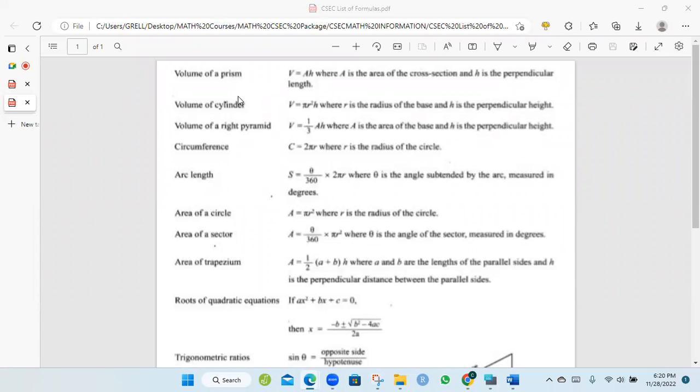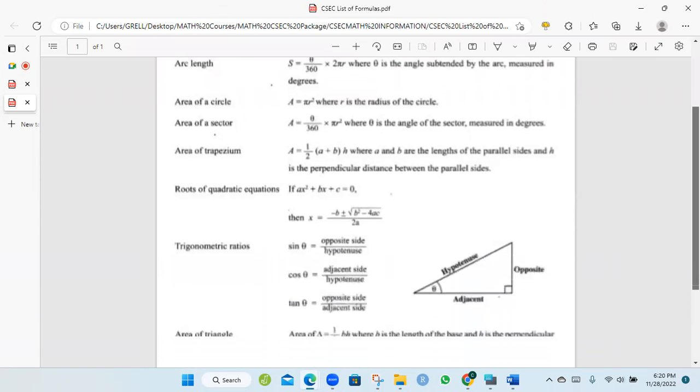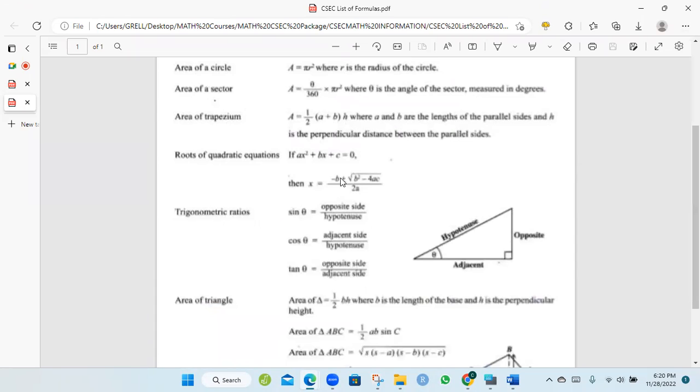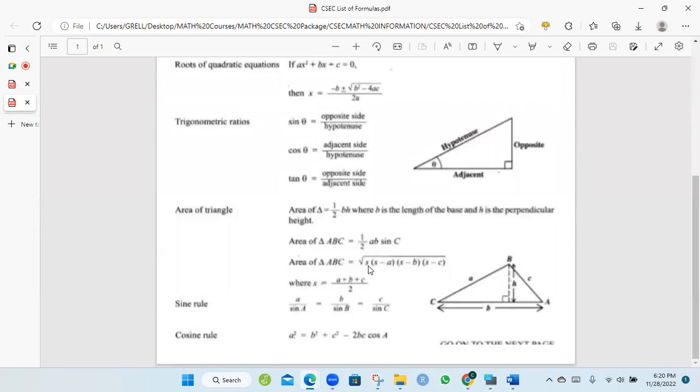As seen, the Pythagoras theorem formula is not in the list of formulas that CX is going to give. Volume of prism, volume of cylinder, volume of right pyramid, circumference 2 pi r, arc length, area of circle, area of sector, area of trapezium, quadratic equation, the trigonometric ratios sine, cosine, tangent, area of a triangle formulas, sine rule, cosine rule.